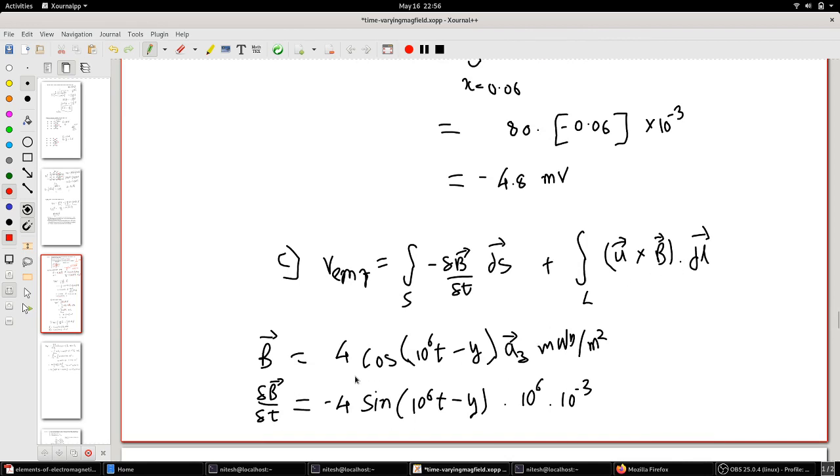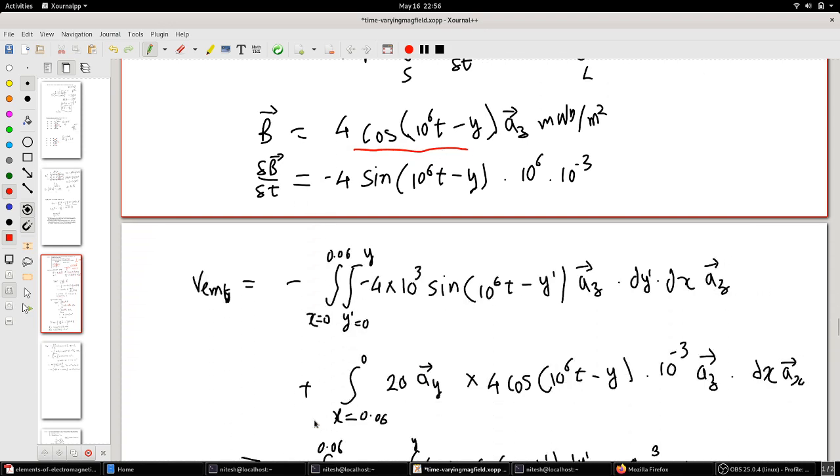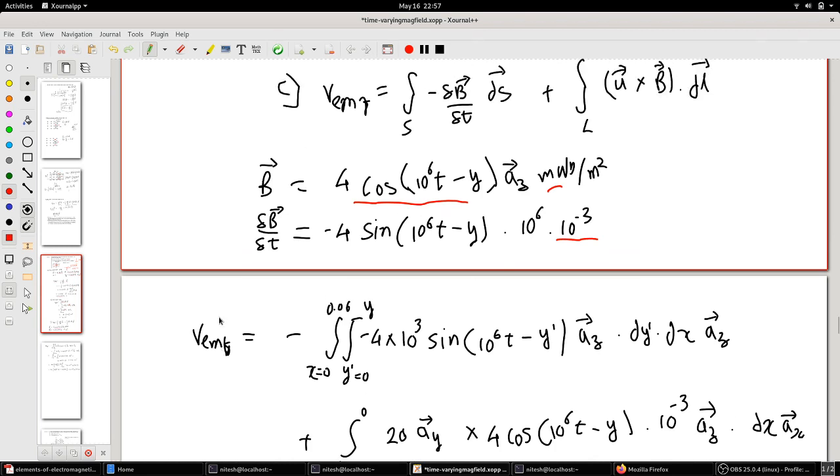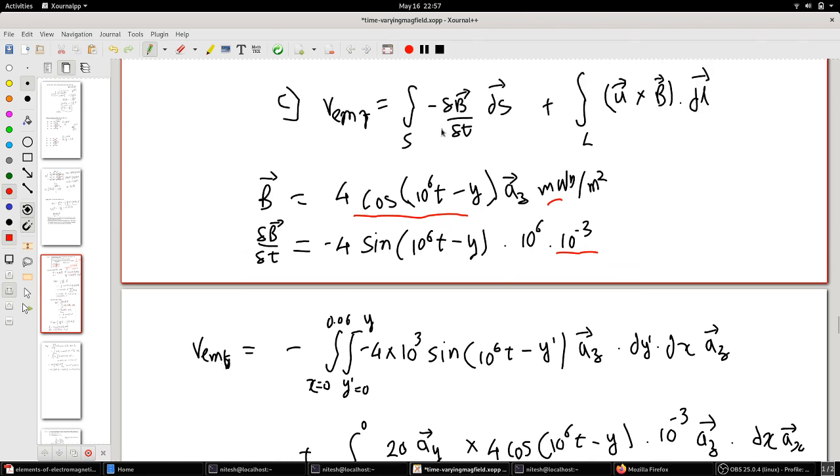So B is this. Del B by del T with respect to time will be sine of 10 raised to 6 t into 10 raised to 6, and the 10 raised to minus 3 is because of the milliweber. So this is what I'll get. Now my V EMF for this part: the area is dx dy into az.